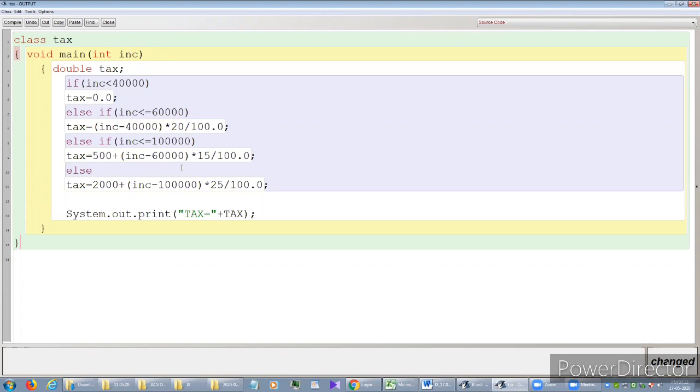If I earn 1,20,000, it will automatically move on to the else part. So 20,000 plus 1,20,000 minus 1 lakh, it is 20,000, and 25% of this. By this way we can calculate.